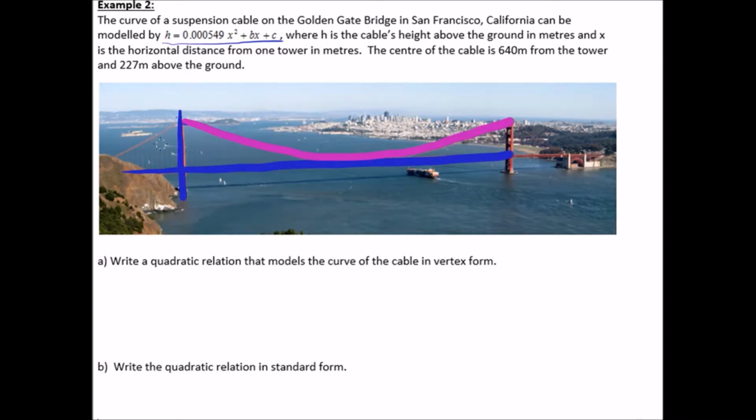h is the cable's height, so we'll write h here, above the ground in meters, and x is the horizontal distance. So x is horizontal distance. That's what that's going to look like.